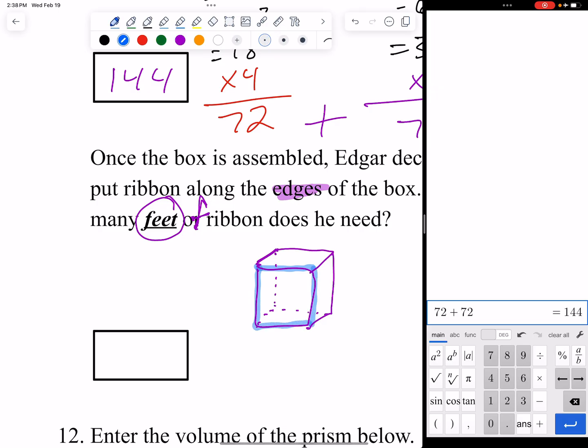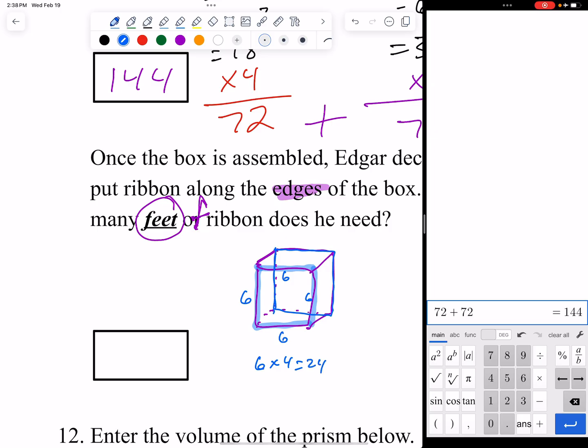So that one is going to be 6, 6, 6, and 6, right? But those edges should hopefully be the same as these edges right here. So if I have those, I got 6 times 4, right? 6 plus 6 plus 6 plus 6.